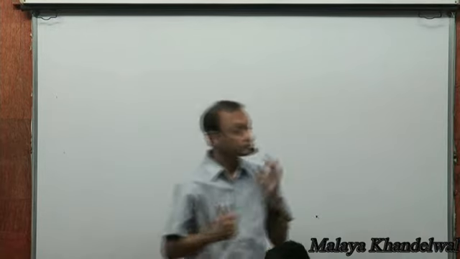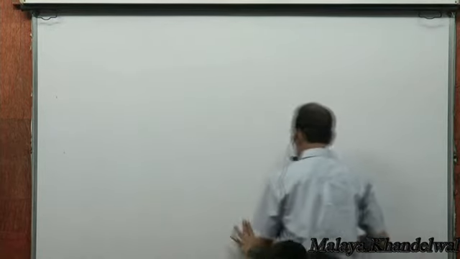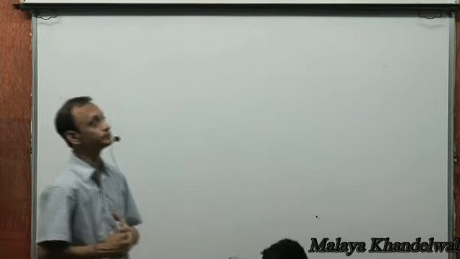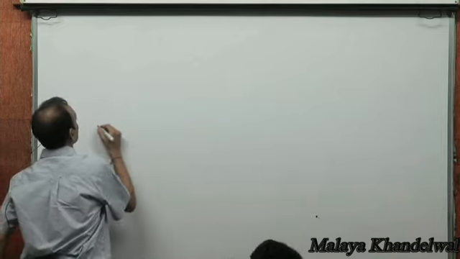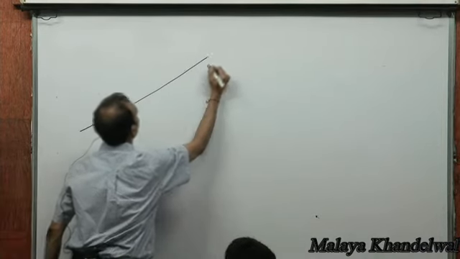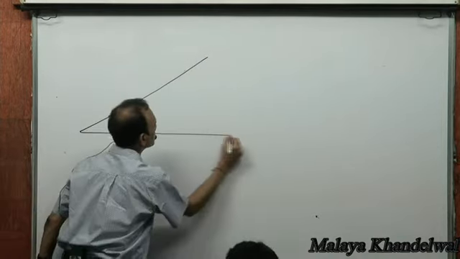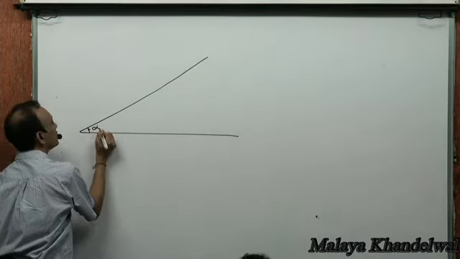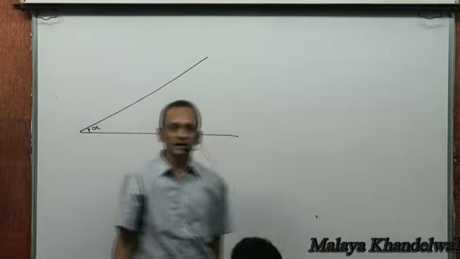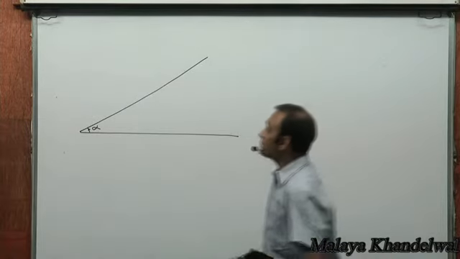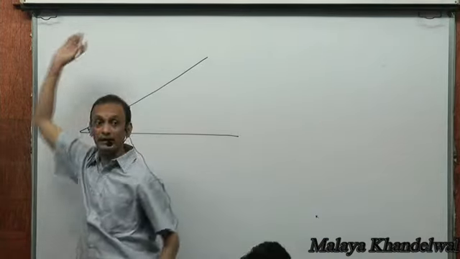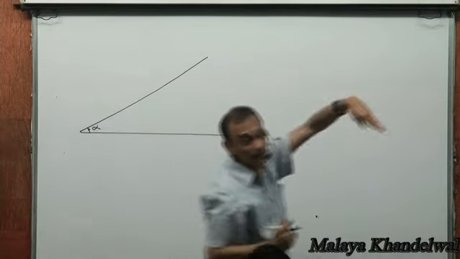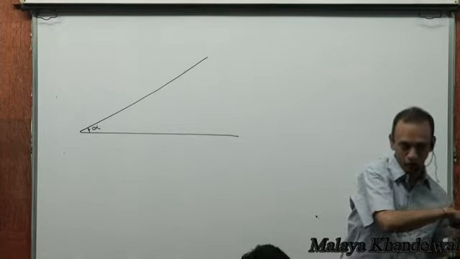Right. Now, a variation to this. There is a particle. This is an inclined plane, but this time, instead of launching a particle up the plane, I'm going to launch a particle down the plane.